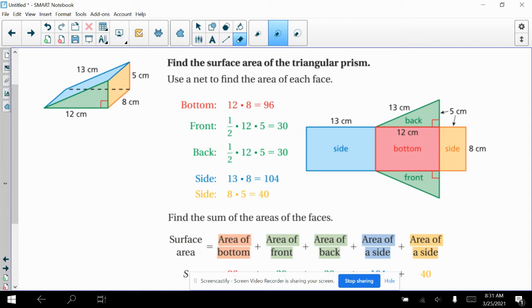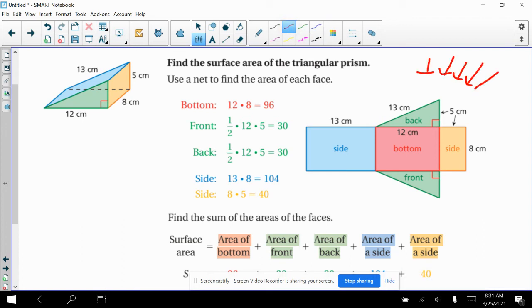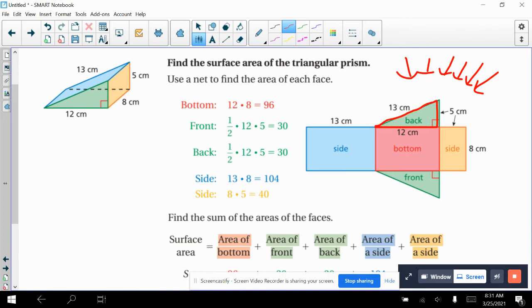For example, let's make this point now. Look over here. I'm over here on the net. I'm drawing the arrows. Okay. We want to find the measurements of that triangle right there. My question to you is, are we going to use 13?